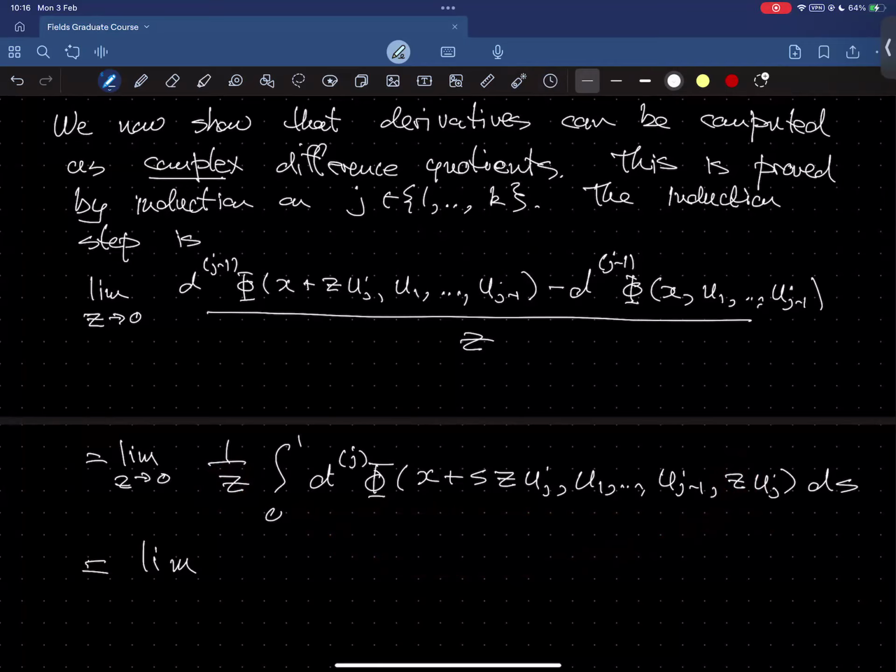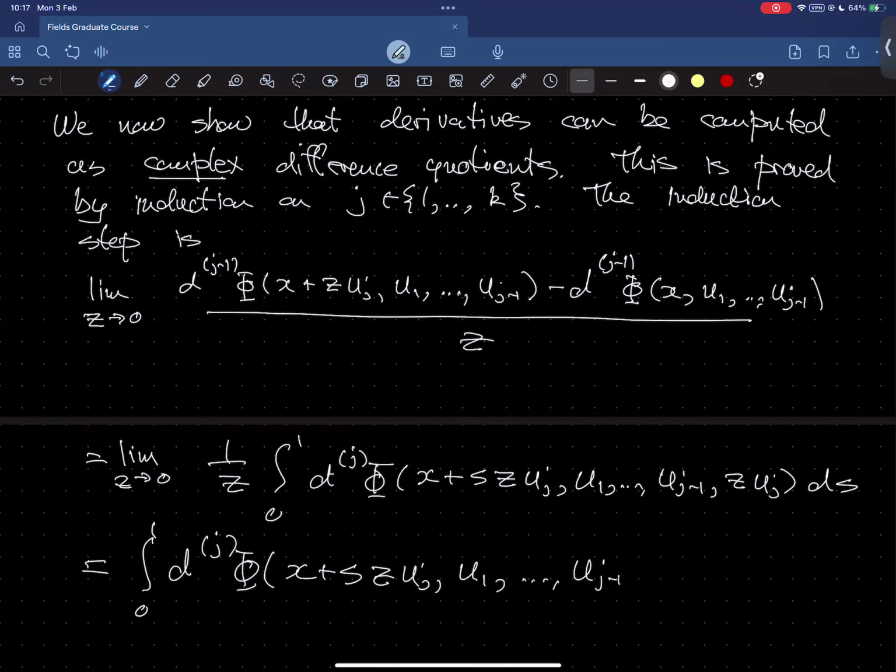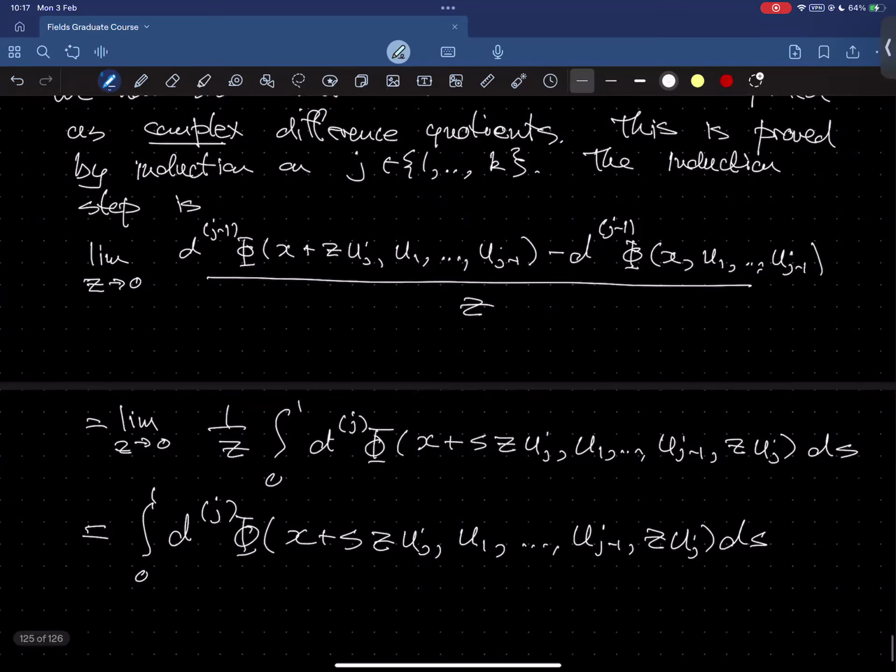The limit as z goes to 0 now goes away. So it's the integral from 0 to 1 of dj phi of x plus s z u j, applied to u1 up to u j minus 1, and then u j ds. Sorry, not z u j, just u j.